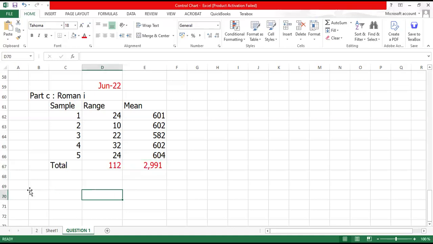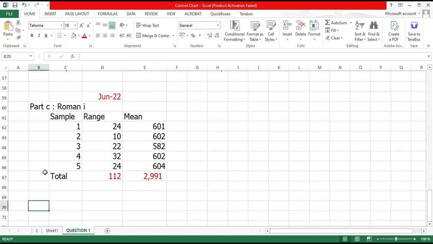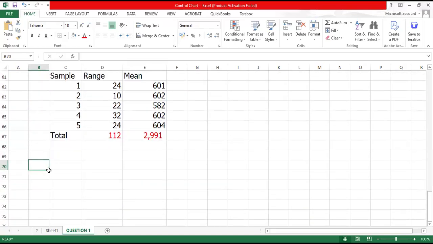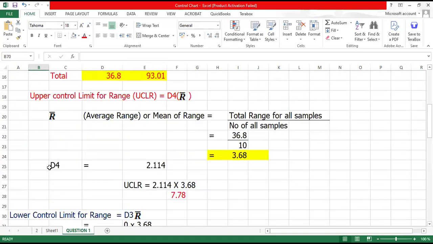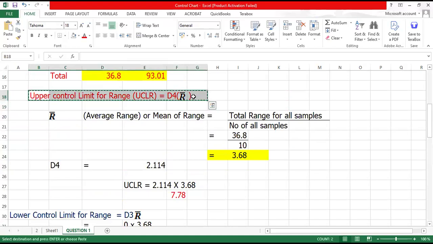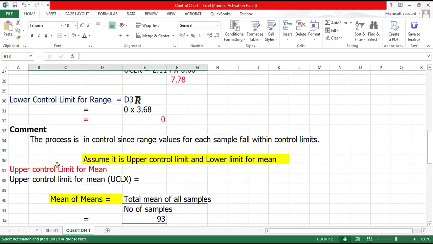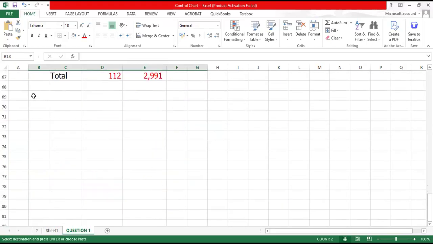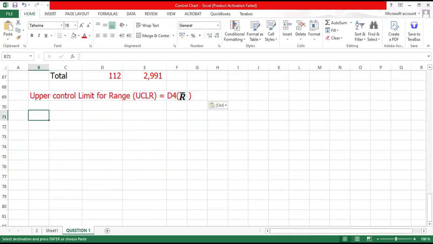So from here, you need to get upper control limit for range. Using this formula, upper control limit for range will be equal to that. You have D4. D4 here is what?